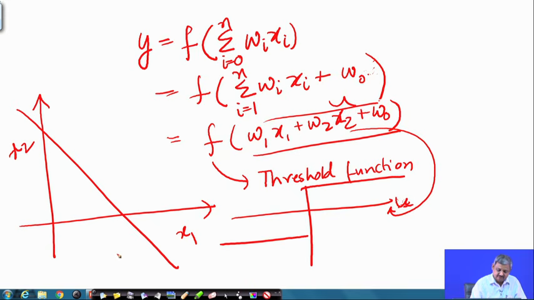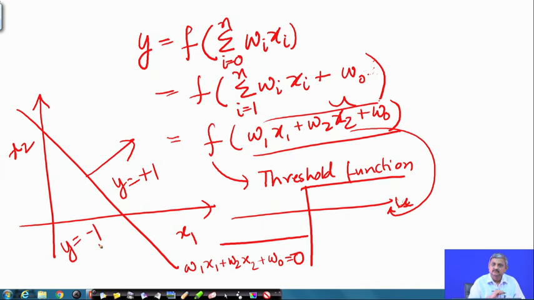So, if the equation of this line is zero, all this here will have y equal to plus 1 and all this here y equal to minus 1. Okay. So, this thresholded activation function is nothing but a linear discriminant.